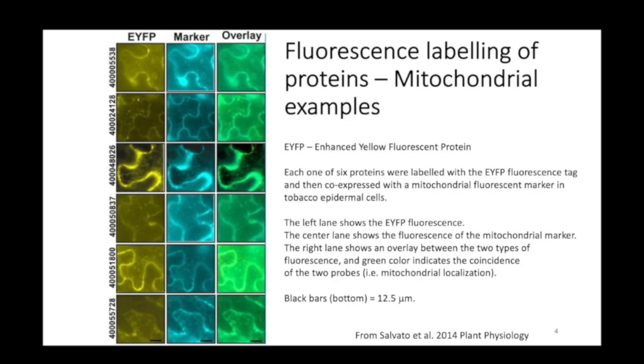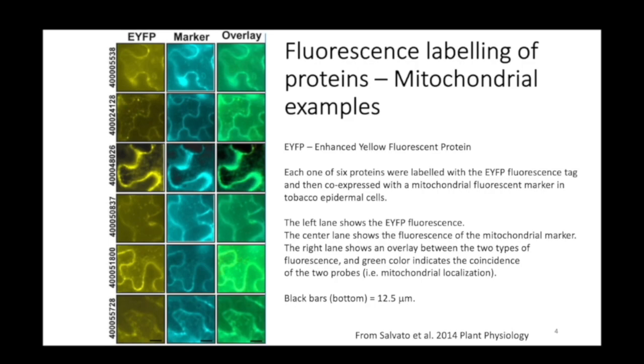The center lane shows the fluorescence of the mitochondrial marker, and the right lane shows an overlap between the 2 types of fluorescence, where the green color indicates the coincidence of the 2 probes. And if they coincide, since the marker shows mitochondria, then the green color will also show that they're both in the mitochondria.